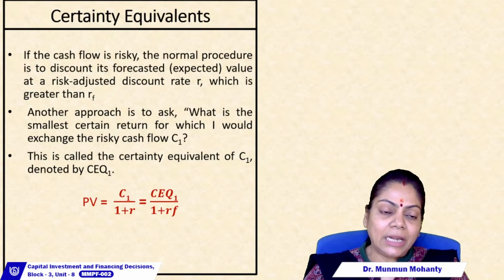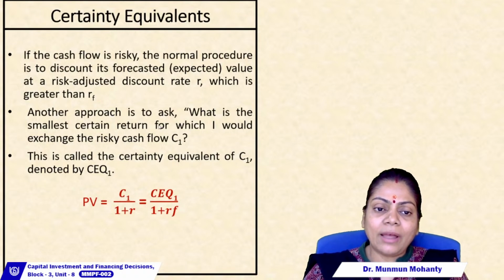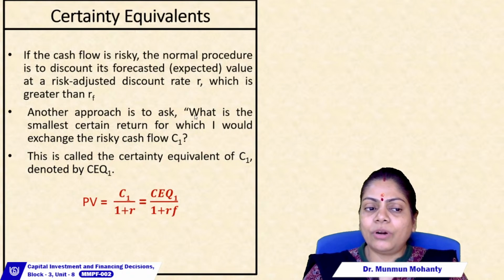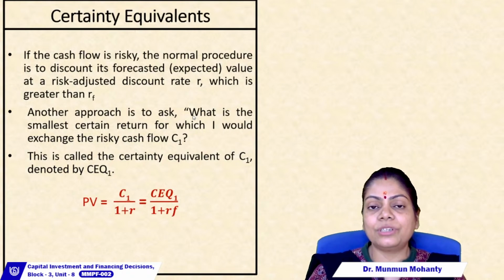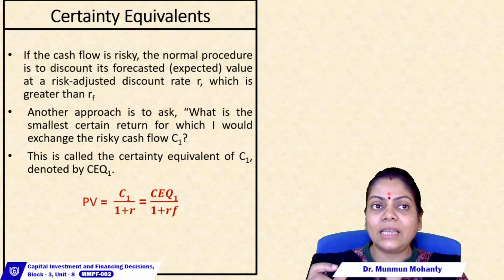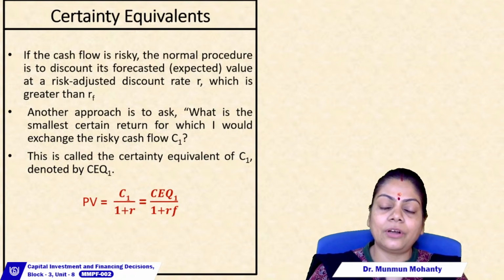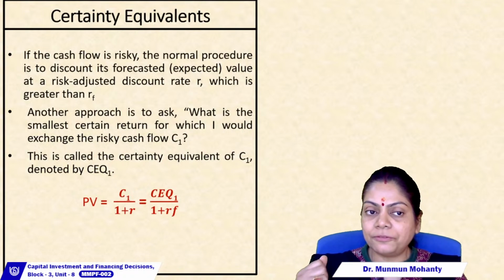Now, before I attempt to answer that question, I would like to give you a scenario. Suppose I toss a coin, okay, and the chances of head coming up is 50% and the chances of tail coming up is 50%.